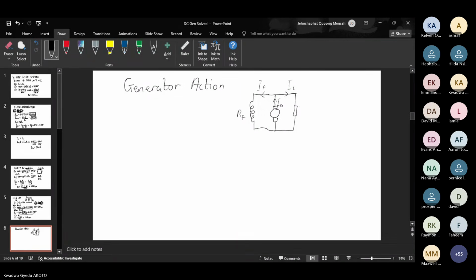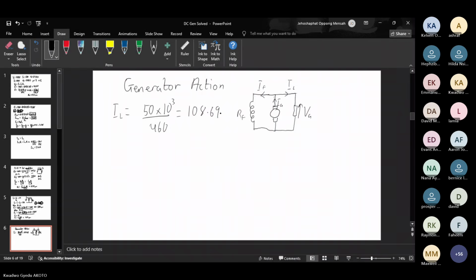Okay. So for generator action, our load current IL is going to be equal to our power, 50 kilowatts, divided by our terminal voltage, 460, right? So our load current is going to be 108.69 amps.